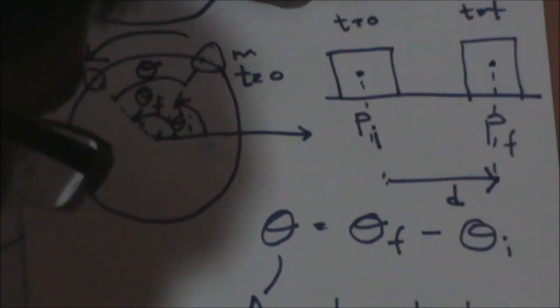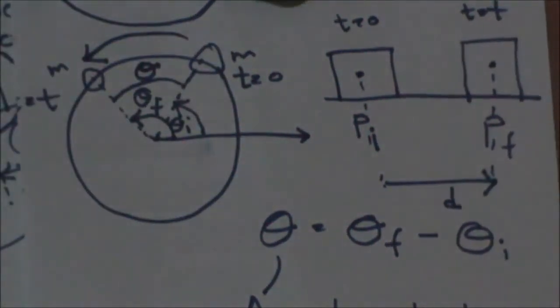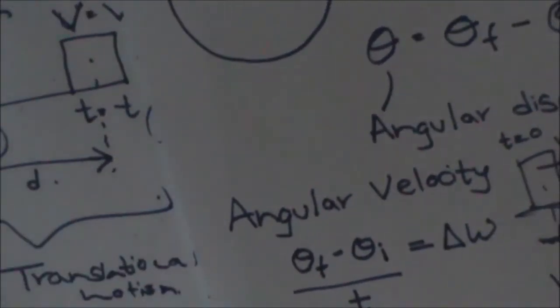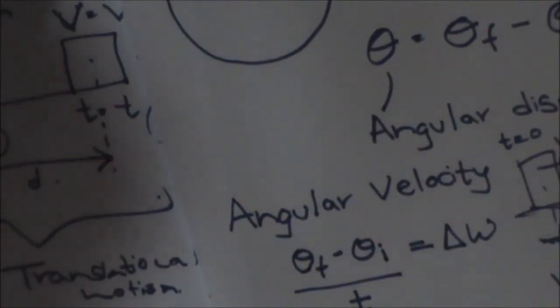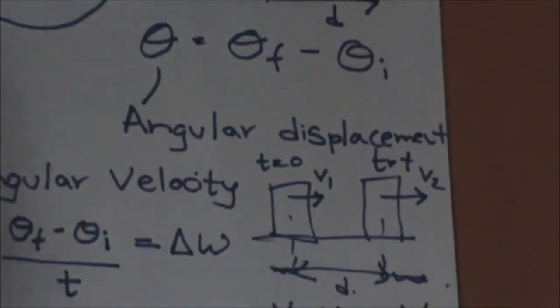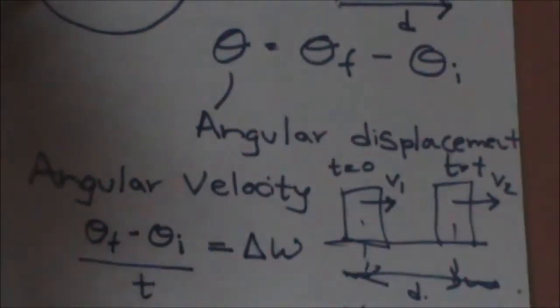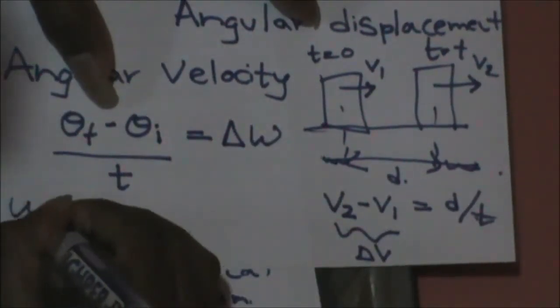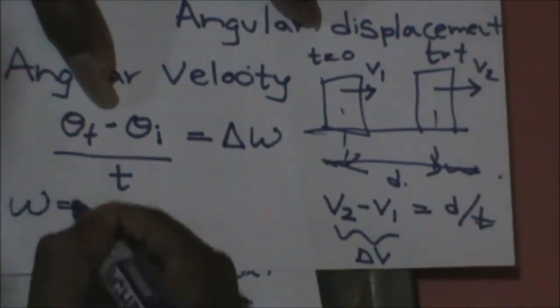Omega is the notation for angular velocity, but I will always call this omega, not delta omega, because the delta value is used later to understand another concept in rotational motion.